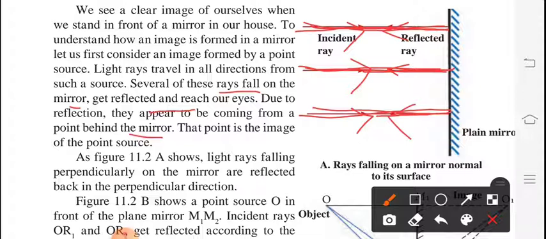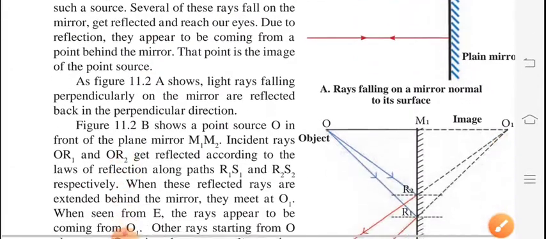That point is the image of the point source. When you observe your image in the mirror, you feel some rays are coming towards your eyes from behind the mirror, but it is just an imagination. Actually, the light rays are falling on the mirror. We will clear this up with another diagram.